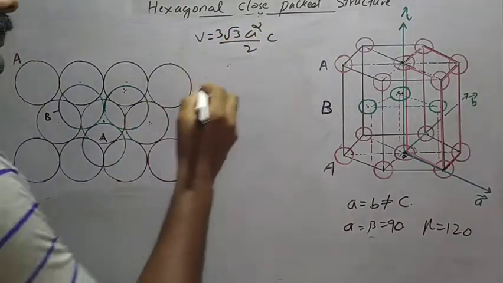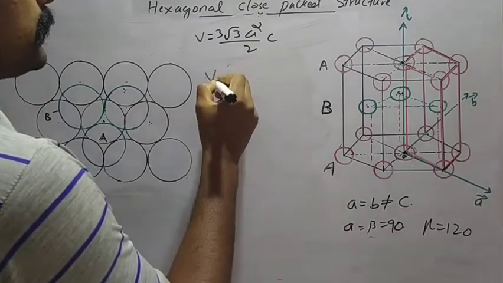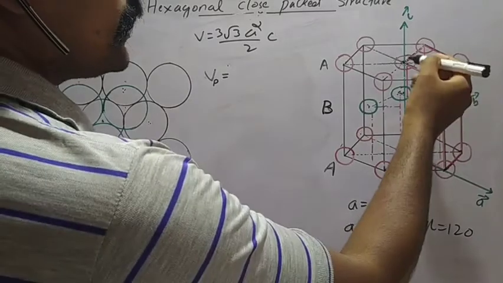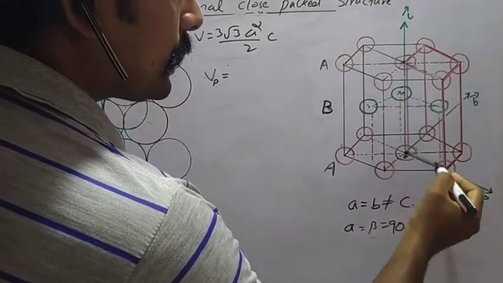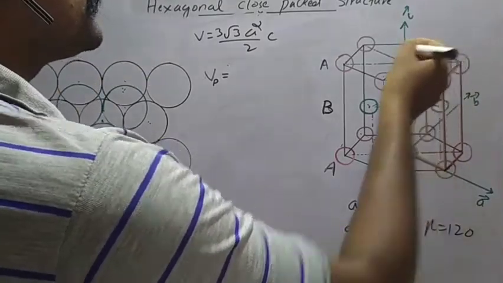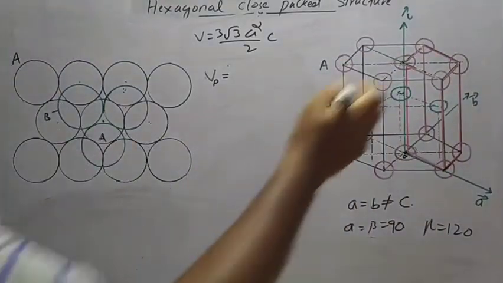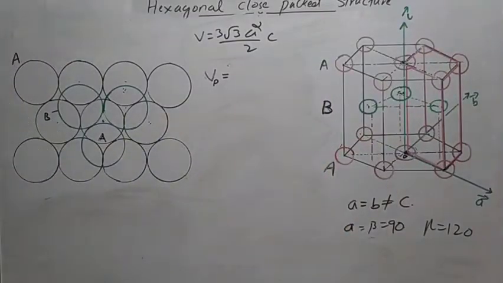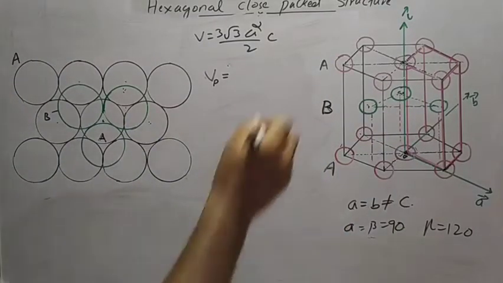The volume of the primitive unit cell is equal to, look at this figure. In this figure, this red shaded parallelepiped is the primitive unit cell of this hexagonal close packed system. Three such parallelepipeds contribute to the total volume of the unit cell.